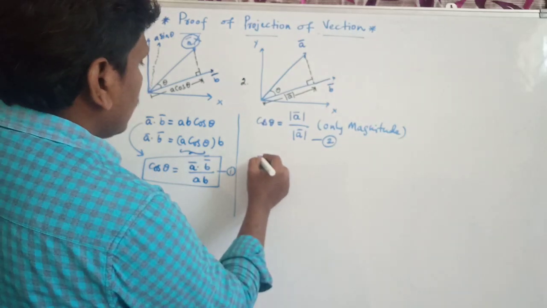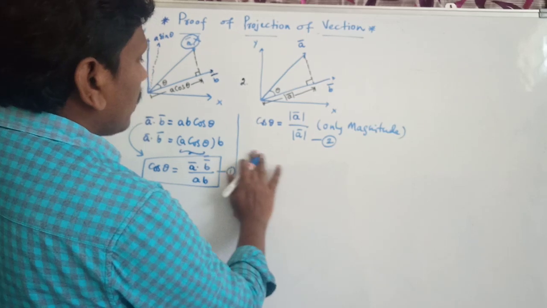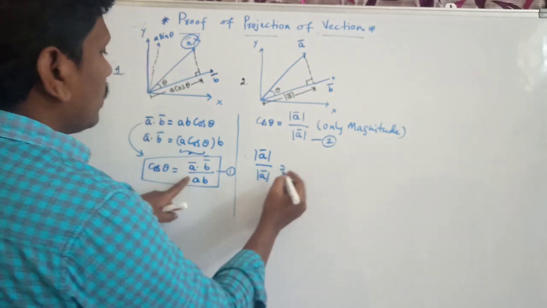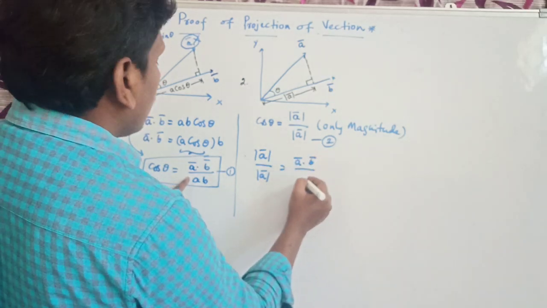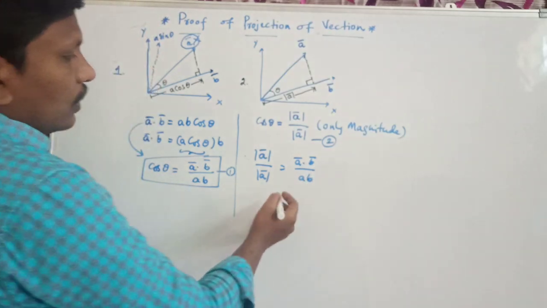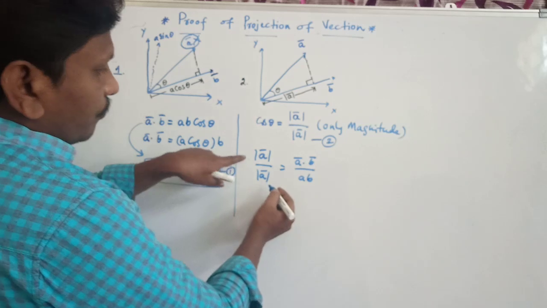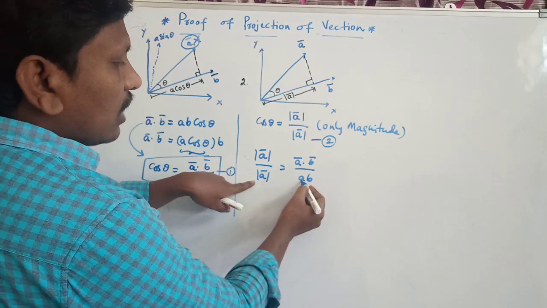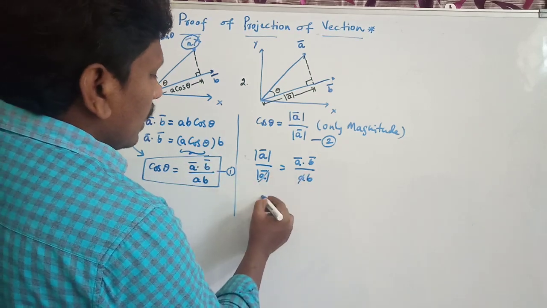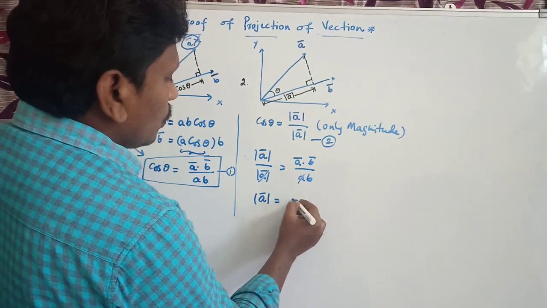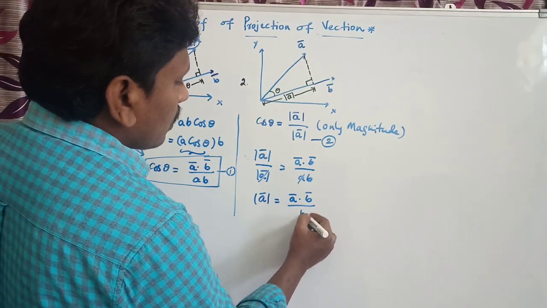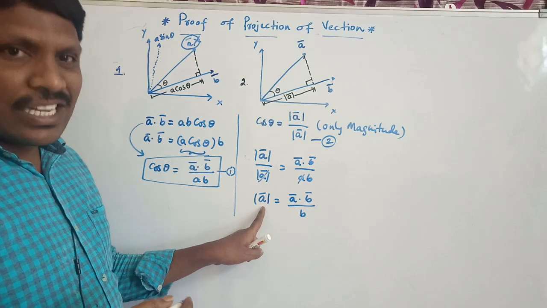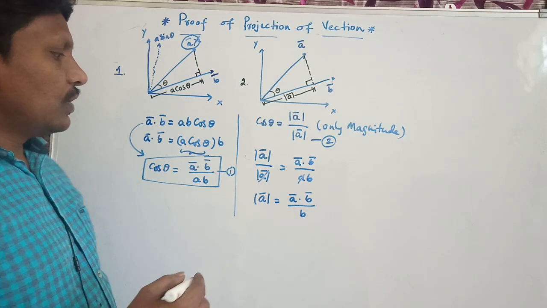So from that we can write a bar mod a bar by mod a bar equal to a bar dot b bar by ab. This is magnitude, and this is also magnitude, so it gets cancelled, and mod a bar equals a bar dot b bar by b. So this is only magnitude.